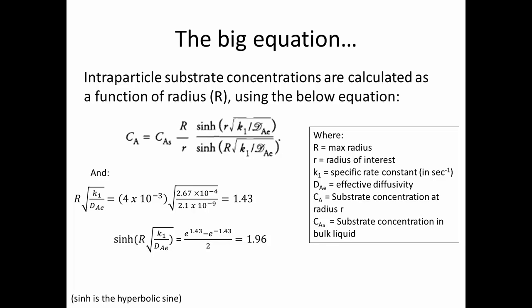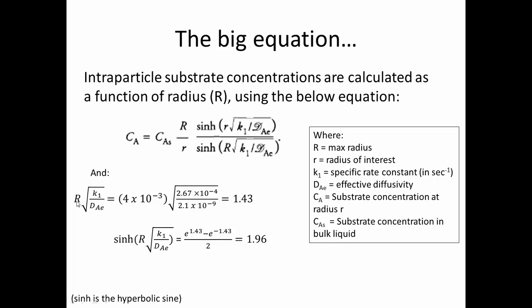Okay, so the intraparticle substrate concentrations can be calculated as a function of the radius big R, also the radius little r as well, using this fairly complicated equation here below. And we can first determine this inner term here with the R square root of the rate constant divided by the effective diffusivity.